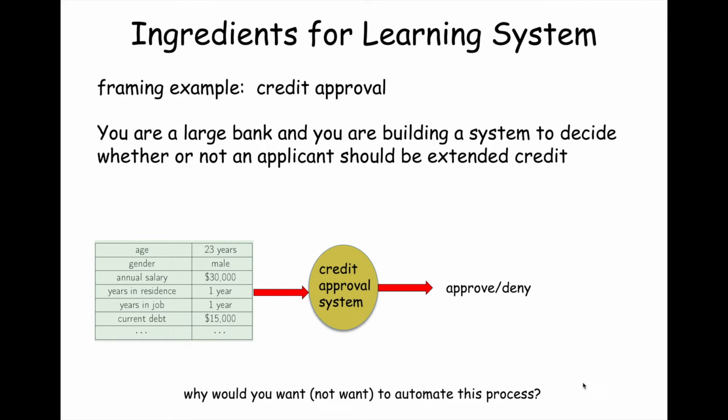Now, we've been only talking about years in residence and annual salary, but there's lots of other stuff that collectively describes a credit applicant. I'm simplifying it in terms of two features just for the sake of discussion. So we have this feature vector representing a single applicant. Each applicant has its own set of data and therefore is represented as its own feature vector instance. We run it through this credit approval system and it outputs approve or deny.